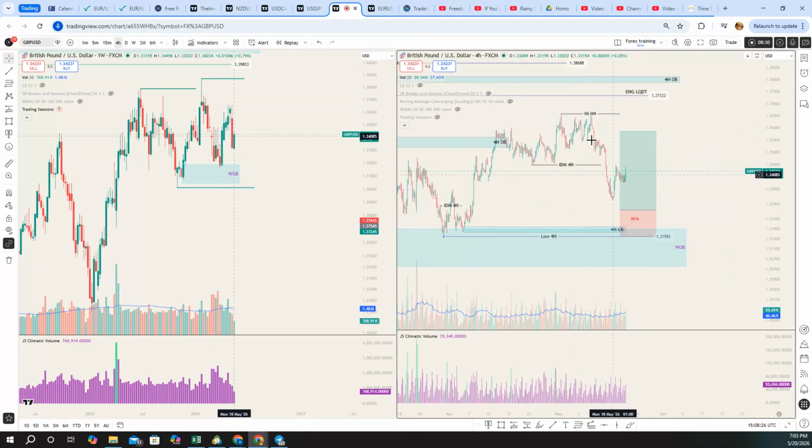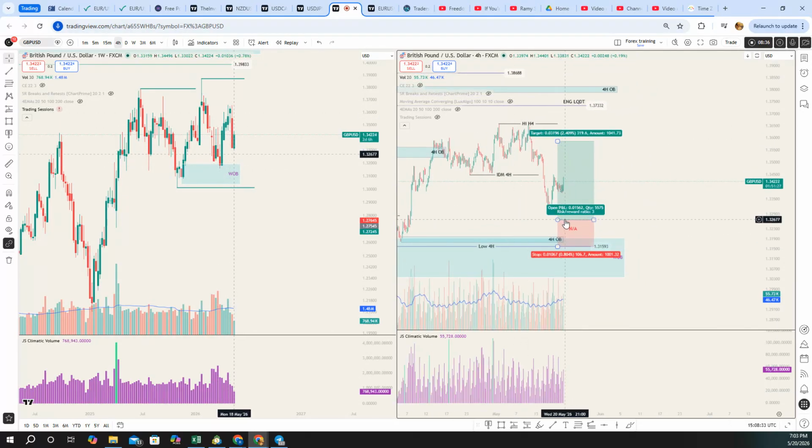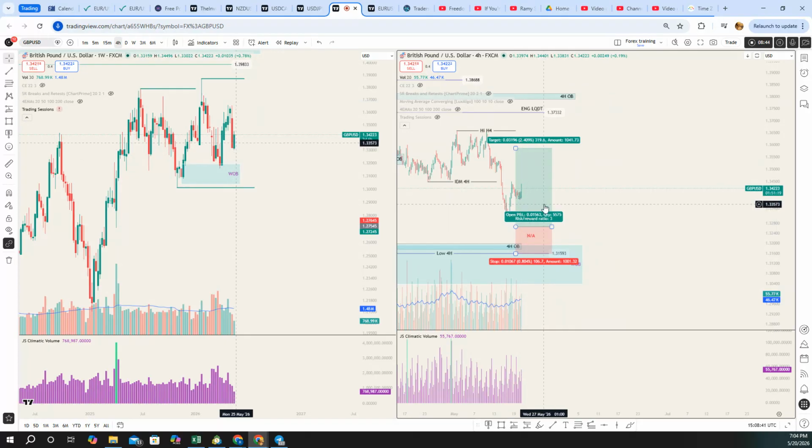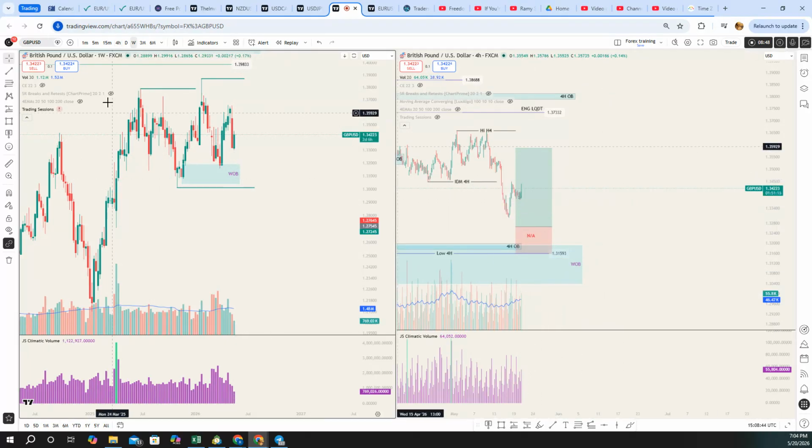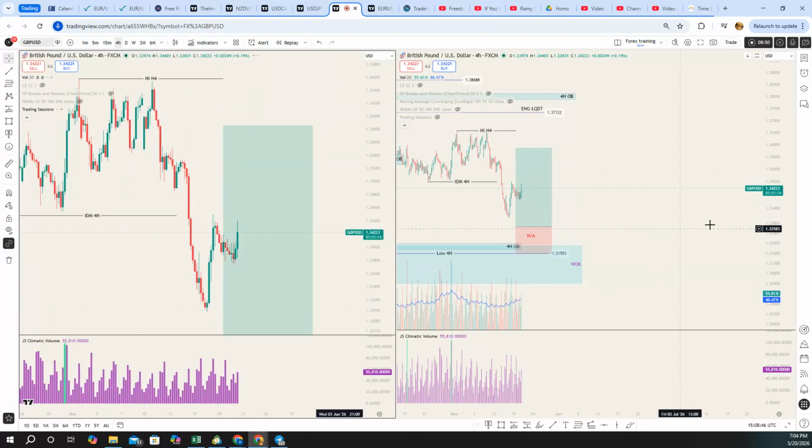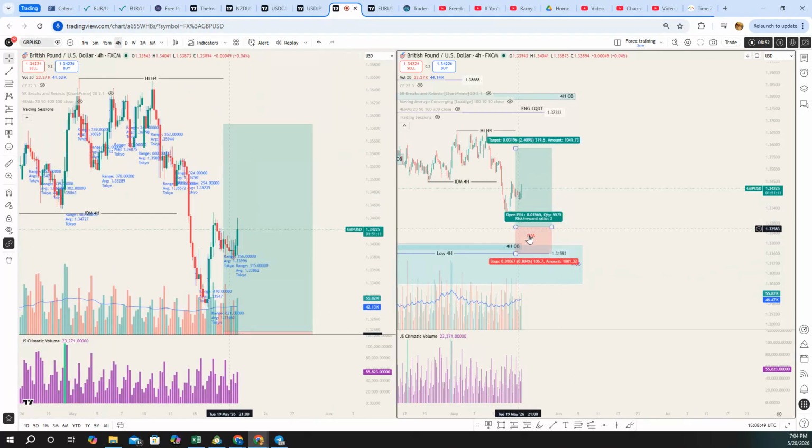So this internal structure is because of that reaction. Will it go back to get more liquidity and then push up? This is something that we will see, but the story until now, the price is going up. So let's have this here with the possibility of returning to these points for more liquidity.